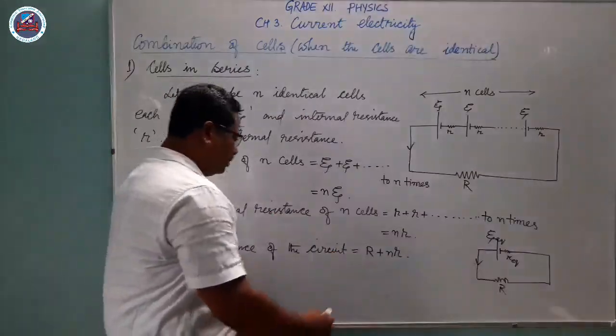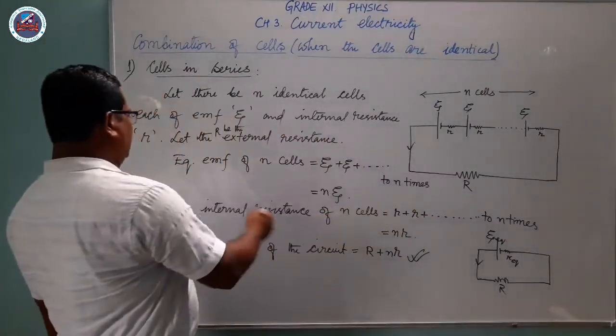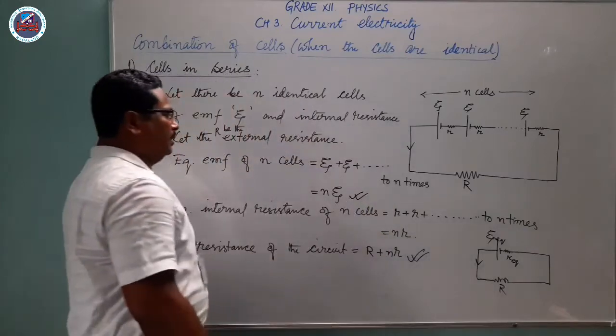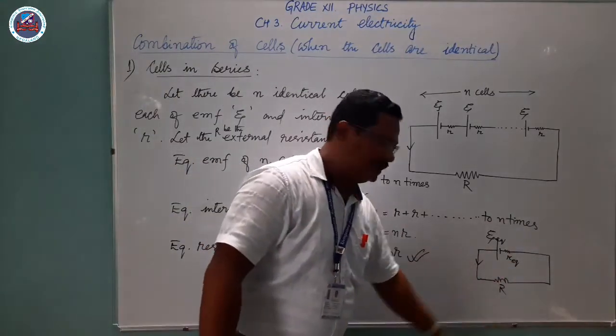Once you know the total equivalent resistance in the whole circuit and the total EMF of n cells, you can find the current that the external resistance draws from the cells.